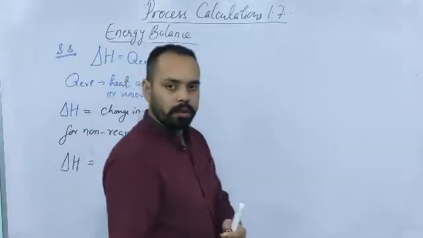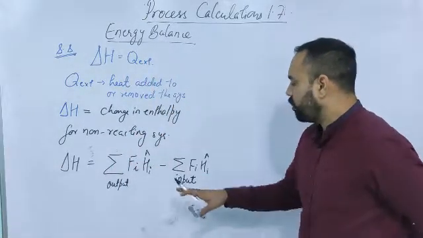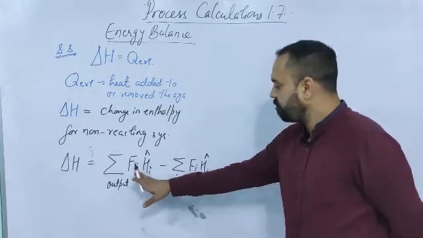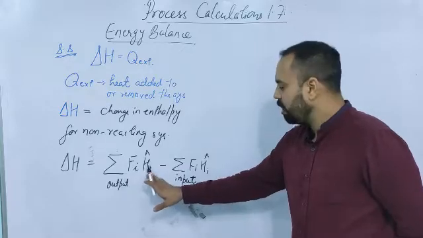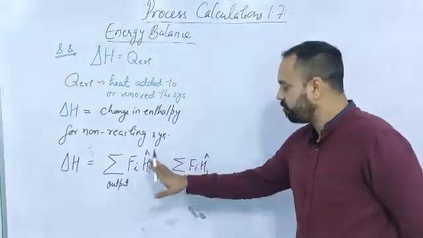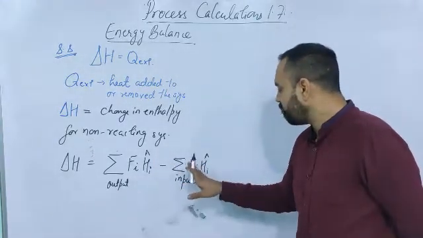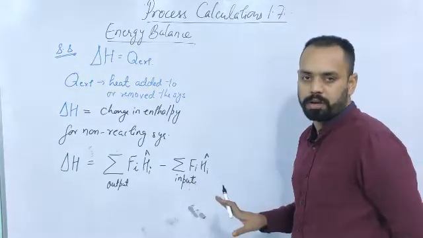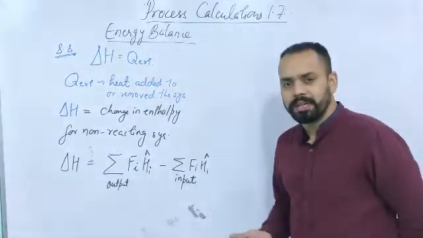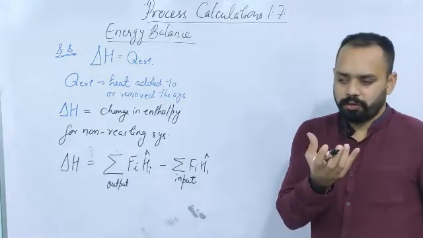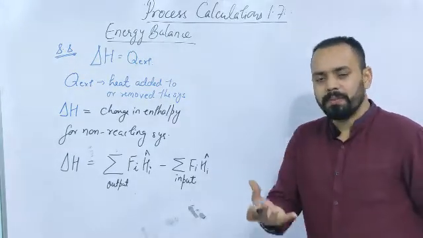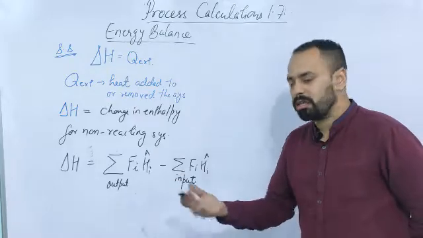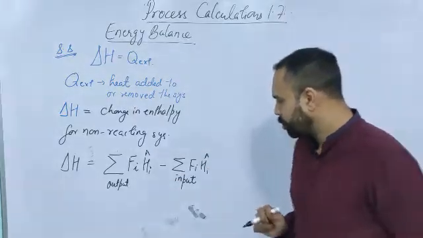Fine. You can also write the enthalpy as Fi into Cpi into Ti minus T reference for the output minus Fi into Cpi into Ti minus T reference for the input. Because enthalpy is calculated as the flow rate multiplied by the Cp multiplied by the temperature minus T reference, that can also be substituted here.